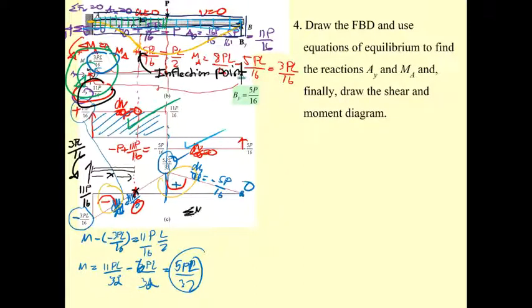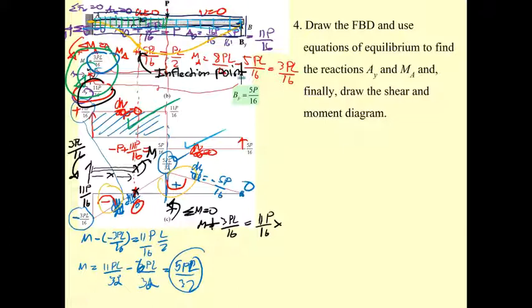So if you take the summation of moment equal to 0 here, you have the moment here equal to moment here plus 3PL over 16, going the same direction like this, and you have this equal to 11P over 16 x.